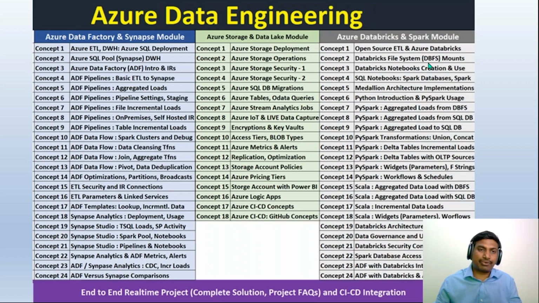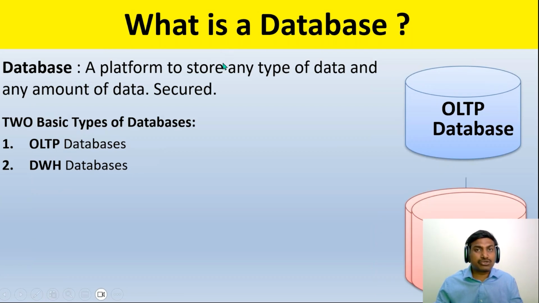I need your support. Before we step into our practical items in the next few minutes, let's understand what exactly a database means to start with. A database is a platform to store any type of data and any amount of data, no exceptions, no restrictions, any type, any amount of data.